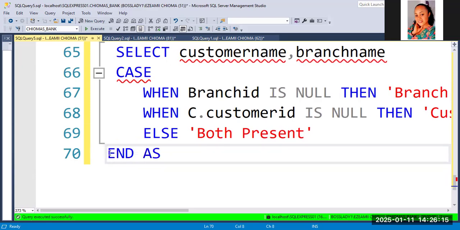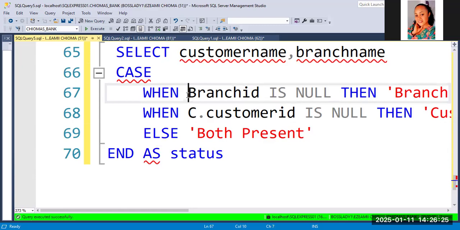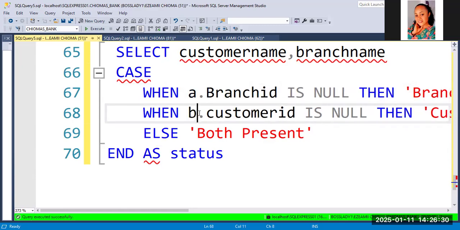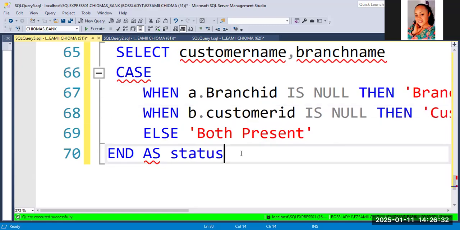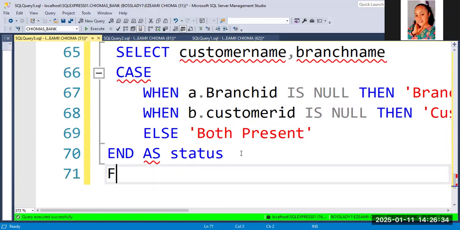And as status. Okay, so let's give this A, let's give this B, since we're having two tables only. From which table are we selecting this?